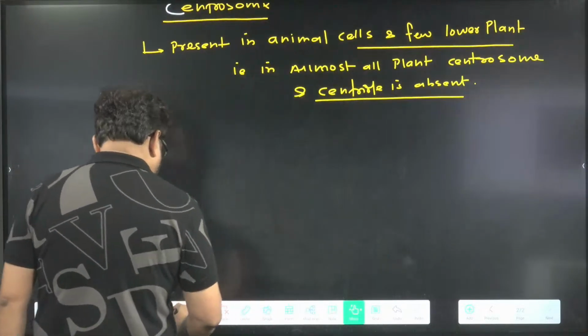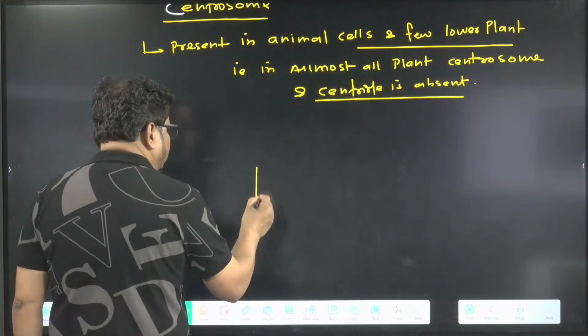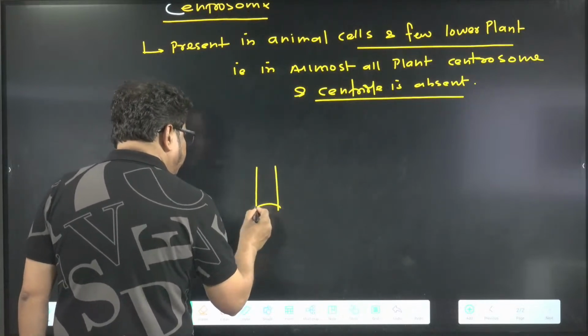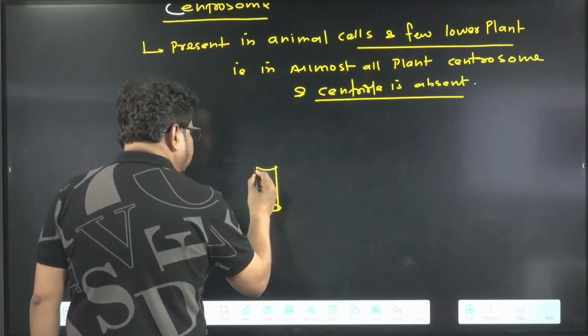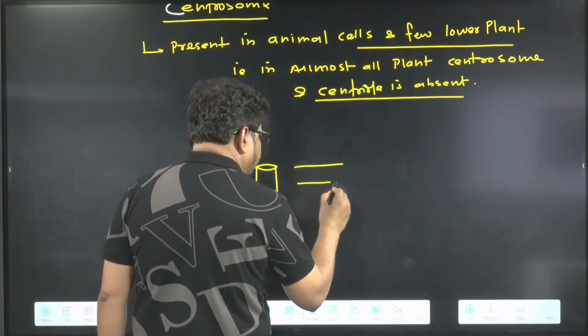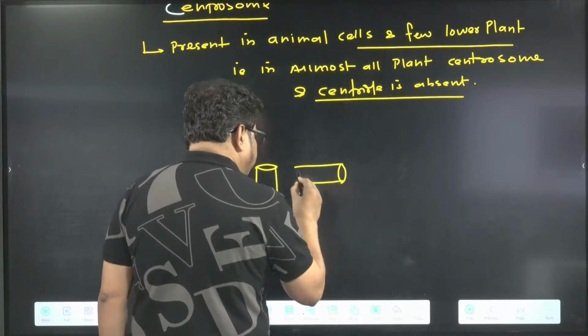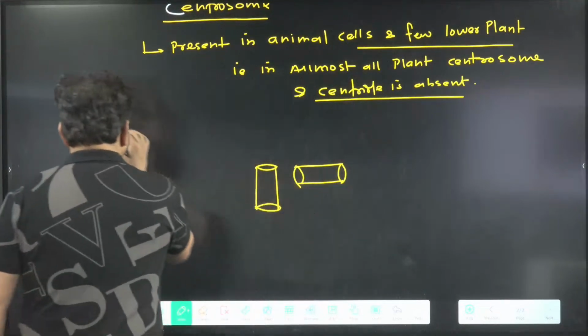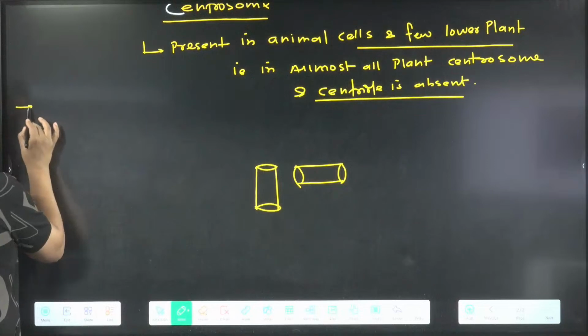In a centrosome, two centrioles are present perpendicular to each other and they are present near the nucleus. Where is this centrosome present in the cell? Centrosome is present near the nucleus. I am writing.